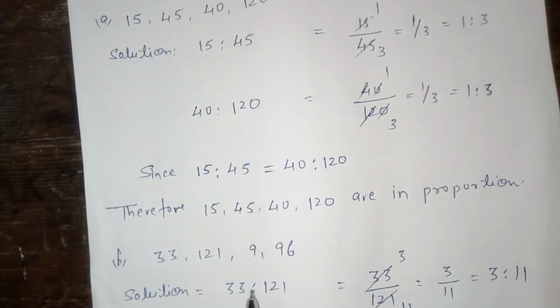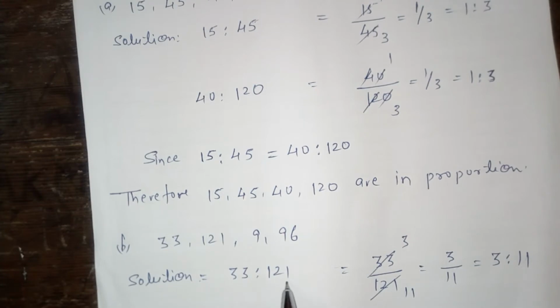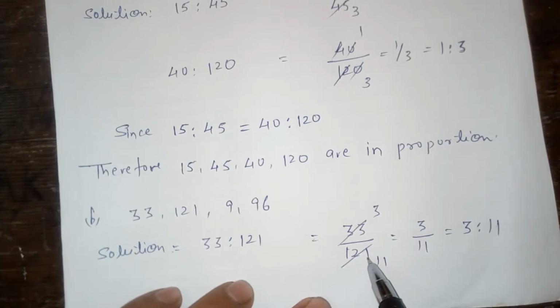First we find the ratio of the first and second numbers, that is 33 is to 121. 33 is to 121 is equal to 33 upon 121. 33 and 121 will be cancelled by 11. 11 threes are 33, and 121 divided by 11 you will get 11. So it will give you 3 upon 11, equal to 3:11.